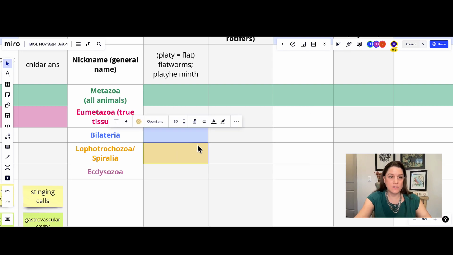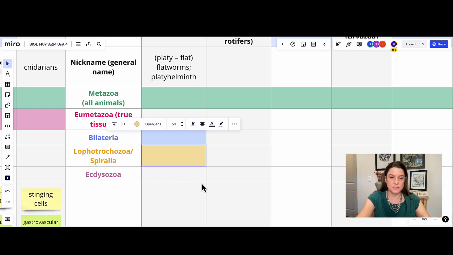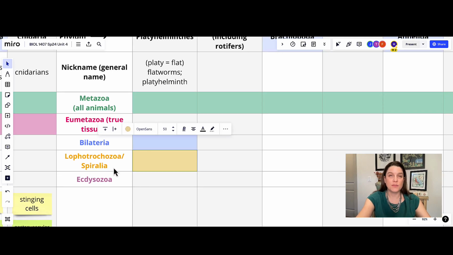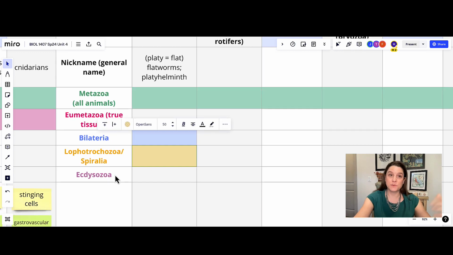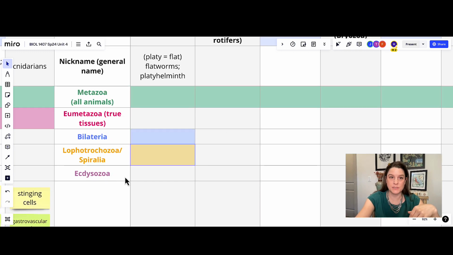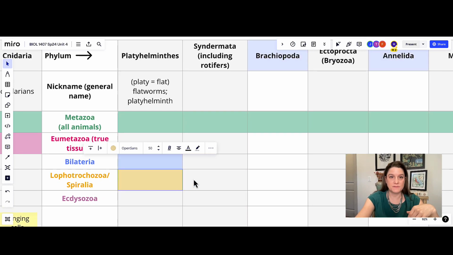But if you know they're in the Lophotrochozoa group or Spiralia group, that's good enough for me, mostly separated by DNA from the Ecdysozoans, which are the two groups of bilaterians we're talking about. There is a third group, and that's animals too. That's the Deuterostomia, which I don't have on here, because we will make a table for all the Deuterostomia similar to this later in Unit 5.